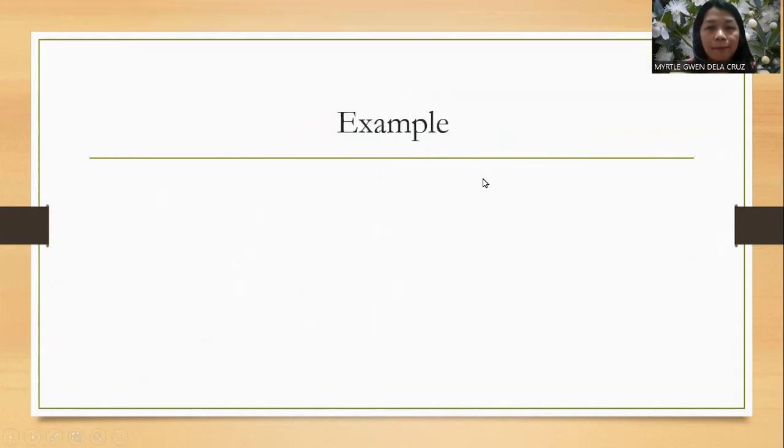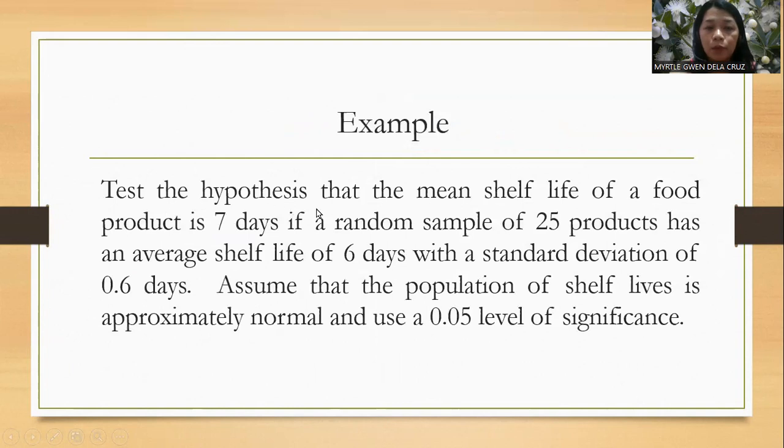So let's have an example. Test the hypothesis that the mean shelf life of a food product is 7 days. If a random sample of 25 products has an average shelf life of 6 days with a standard deviation of 0.6 days, assume that the population of shelf lives is approximately normal and use a 0.05 level of significance.